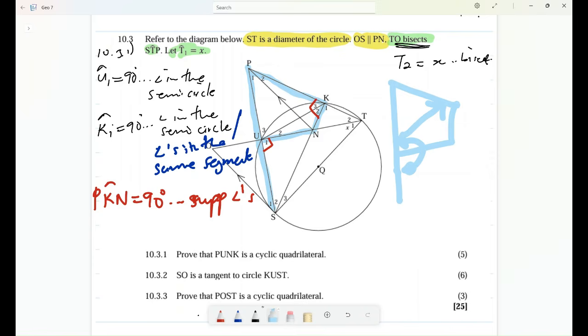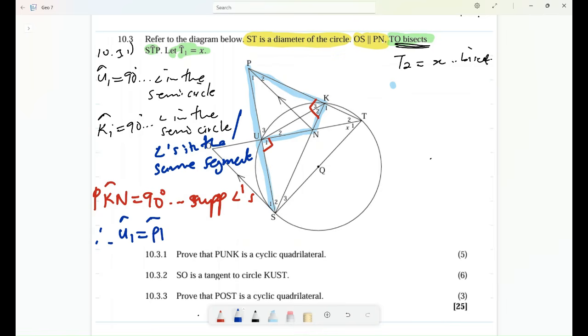You understand? So it means if this is 90, that one is also 90. This is the theorem, theorem 6, that says the exterior angle of a triangle is equal to the opposite interior. All right. So, if we have done this, we can now say, therefore, angle U1 is equal to angle PKN, which is equal to 90 degrees.